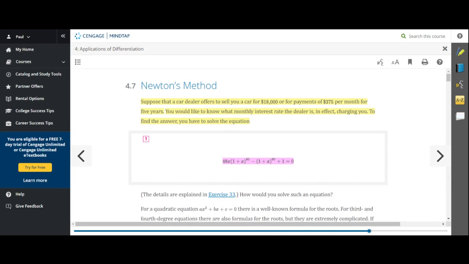How many recall doing that in pre-calculus? Okay, Ian doesn't recall it.